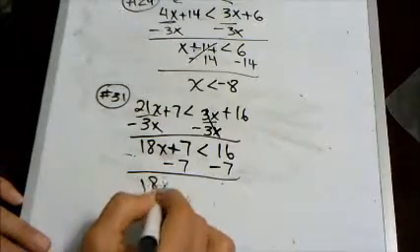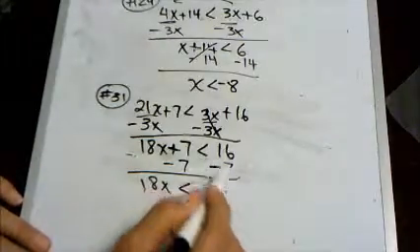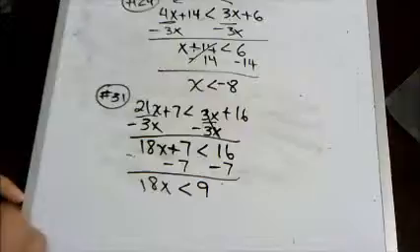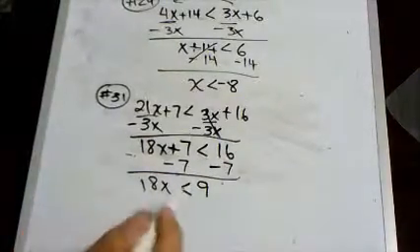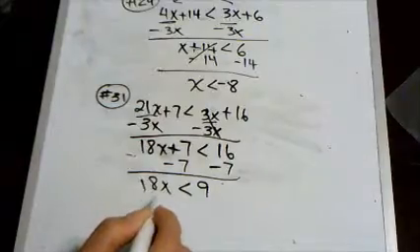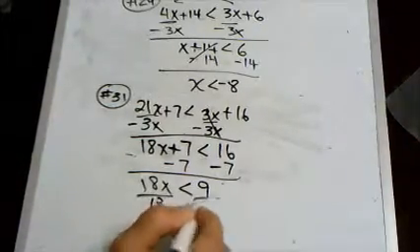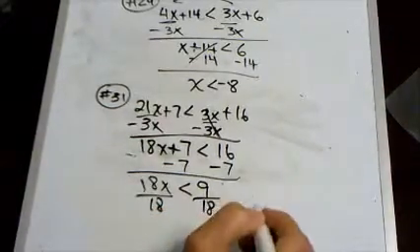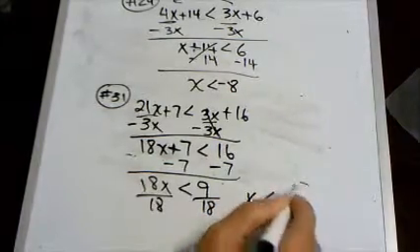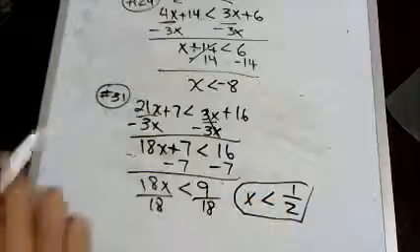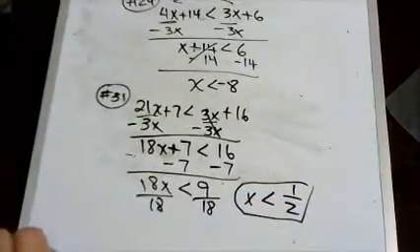So then we're left with 18x is less than 16 minus 7, which happens to be 9. We're doing good so far. Take this 18 off. How do you do that? Divide by 18. So our x happens to be less than 1/2. That's our answer for that one.